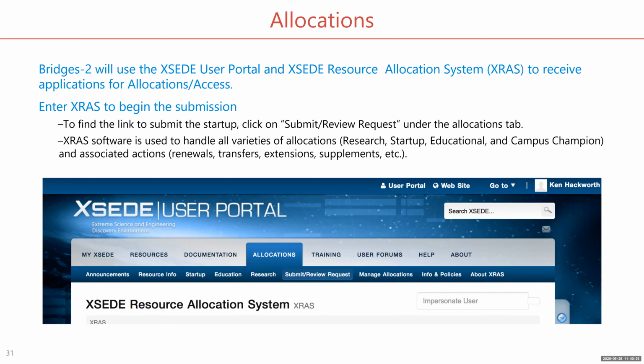Here you can request all sorts of allocation requests: startups, campus champions, research. But this is where you'd want to start with a supplement if you already have an allocation on Bridges now, to get a supplement onto Bridges-2 for the early user program, and if you don't have an allocation, you would submit for a new startup allocation. Next page, please.